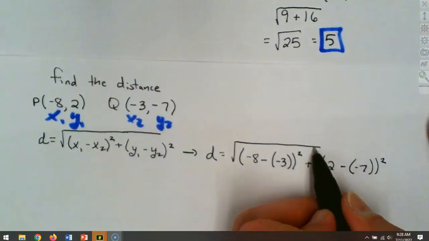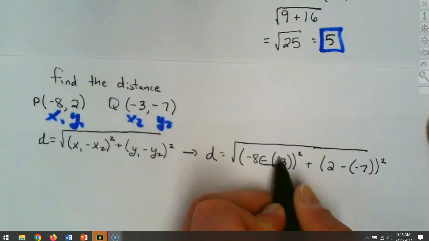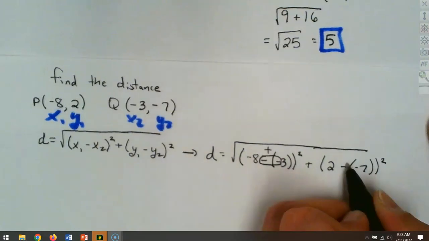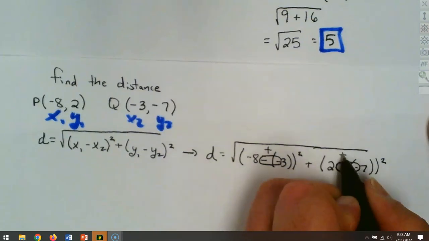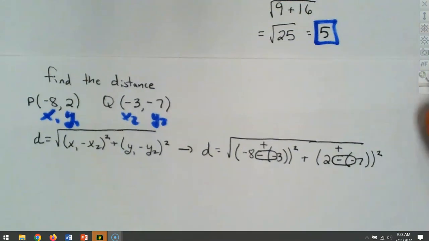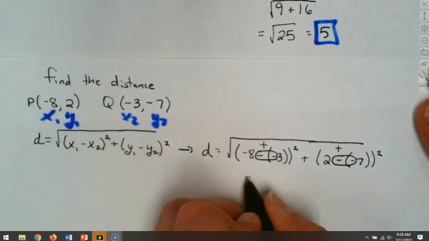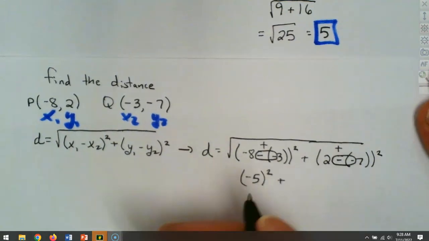So when we have these double negatives, we have to be careful because that double negative here and over here, well, that's going to make that positive. And now we've got minus 8 plus 3. Well, minus 8 plus 3 is a minus 5. We're going to square that in a moment.